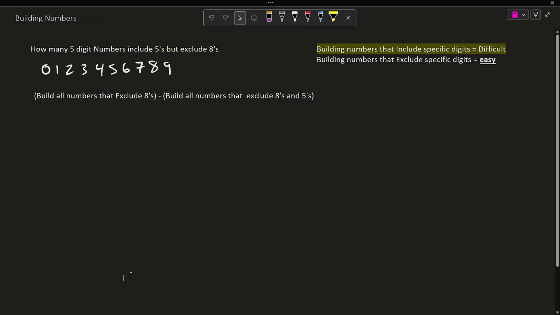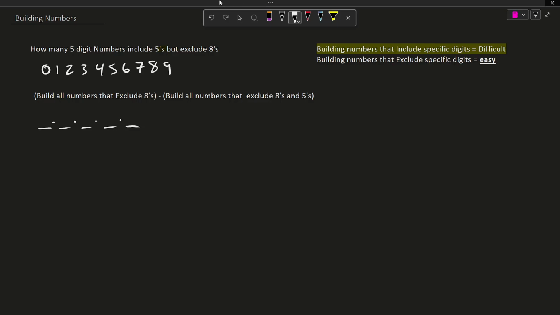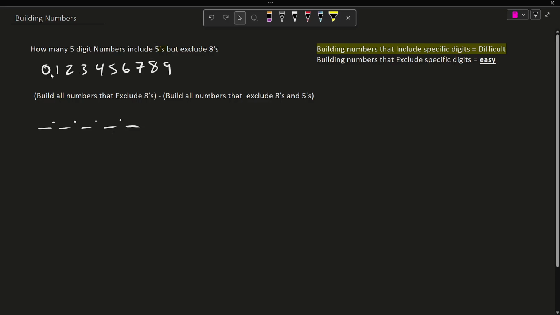All numbers that exclude 8. Well, there are 5 digits in my number. So according to the multiplicative counting principle, I have 5 events, and I'm going to multiply them together. I have to choose 5 digits. Of the 10 digits, 0, 1 through all the way to 9, there are 10 of them.